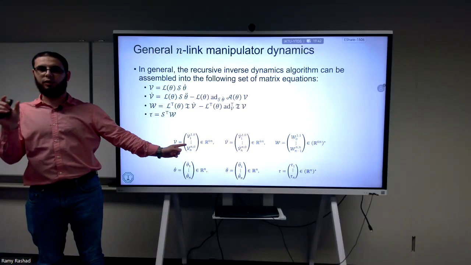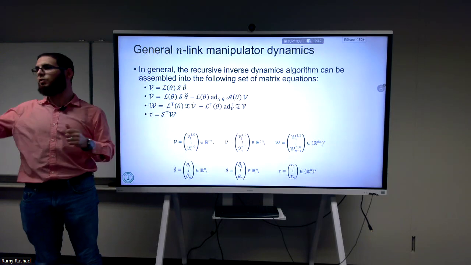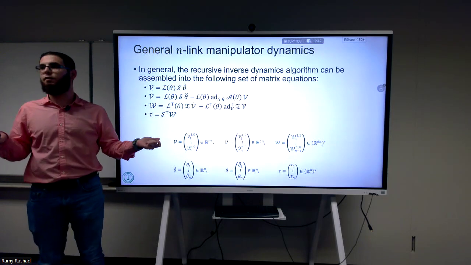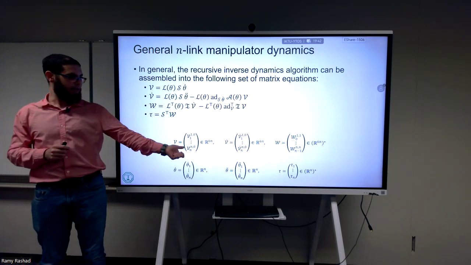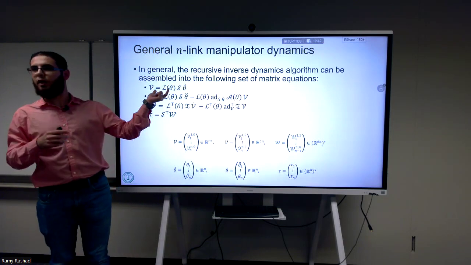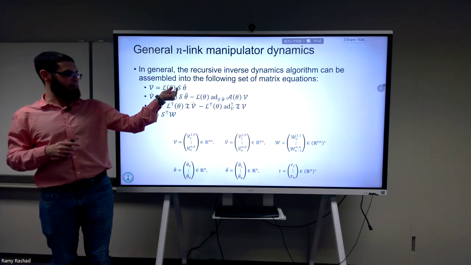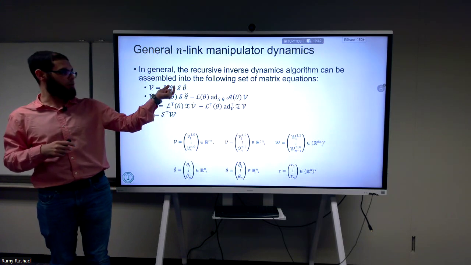When we talk about the body twist, the body twist of link 1 is V1 with respect to 0 expressed in frame 1, and the body twist of link n is Vn with respect to 0 expressed in the n frame. We had an L matrix that we derived last time, and some S matrix, and I'm going to remind you now of what it was.